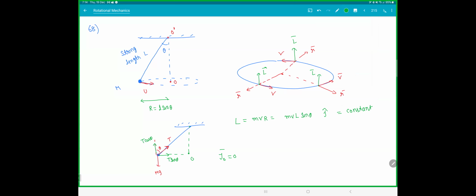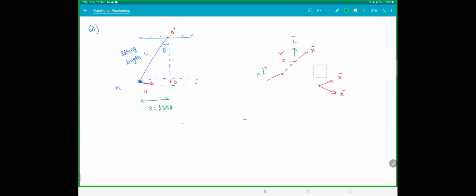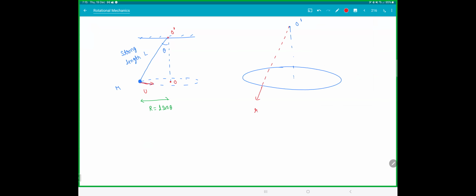O dash is an interesting one. This is your O dash. This is your R bar. This is your V bar.